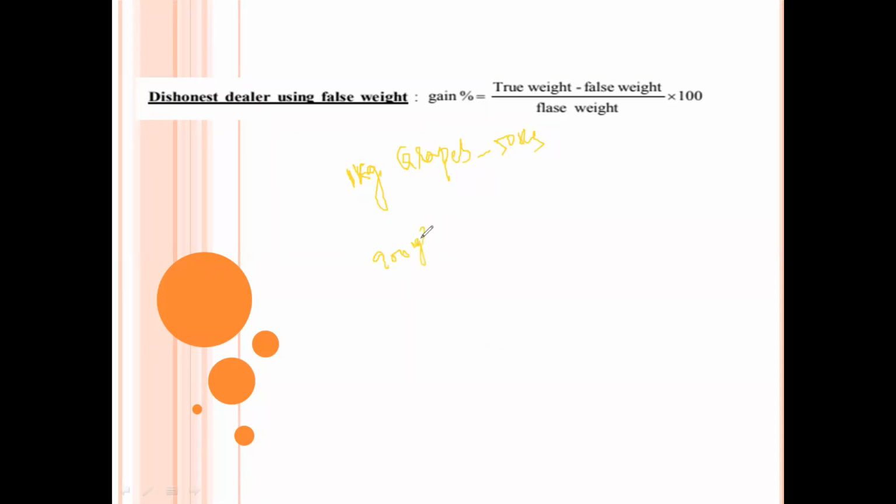This type of dealers are called dishonest dealers. In the situation of dishonest dealers, they always get gain percentage. They won't get loss percentage.